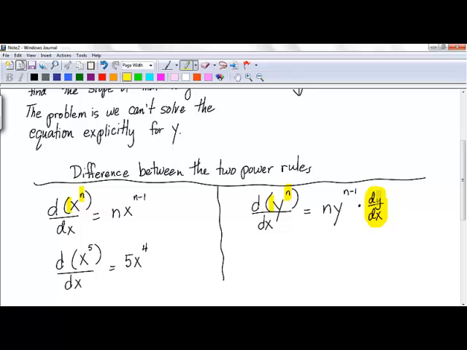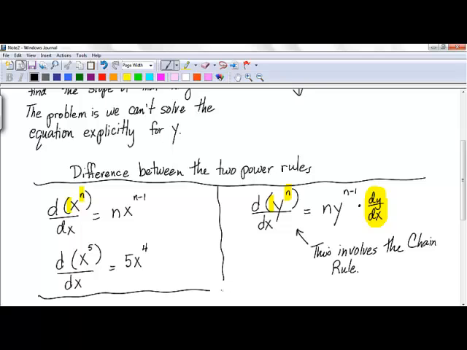Some people might call that a differential of y with respect to x. Okay? So this one involves the chain rule when you take the derivative of a y term.